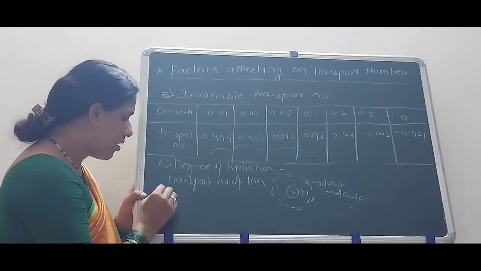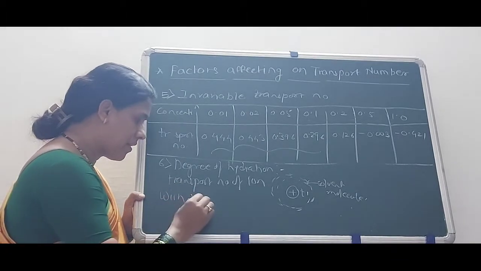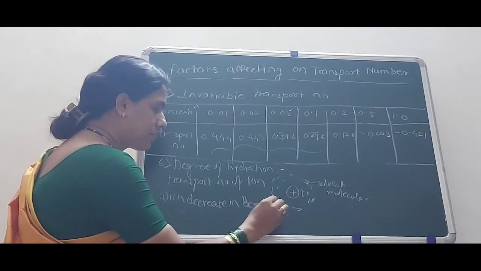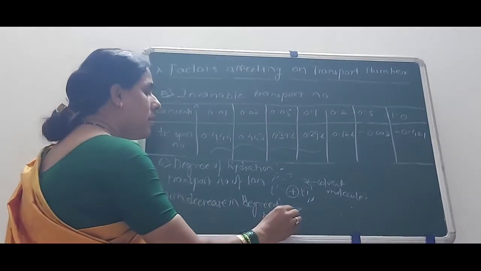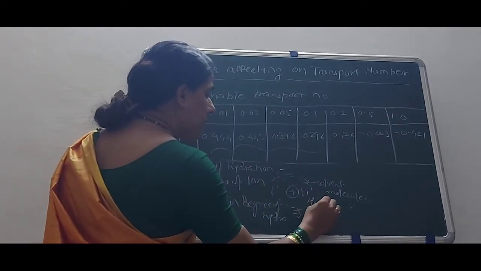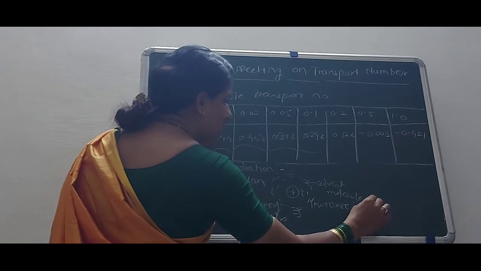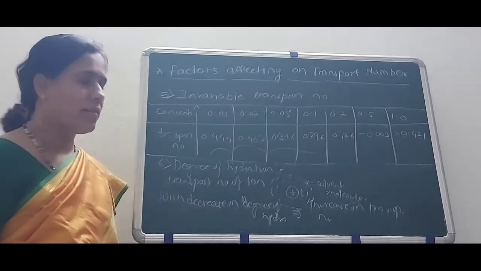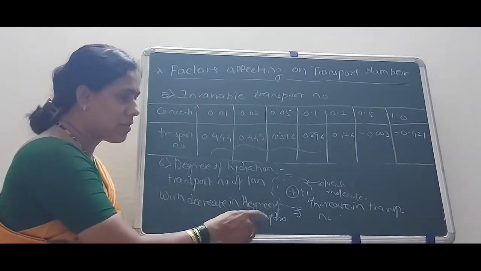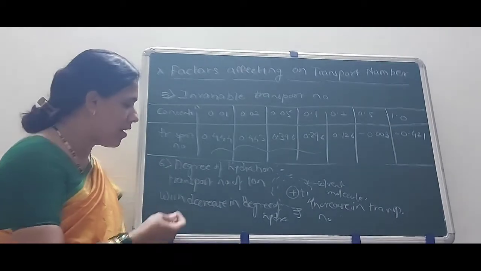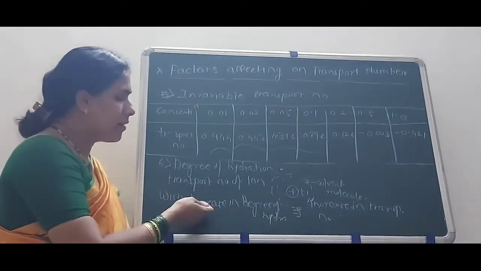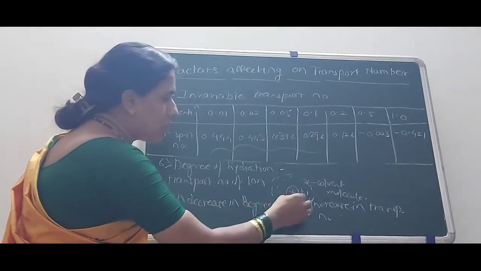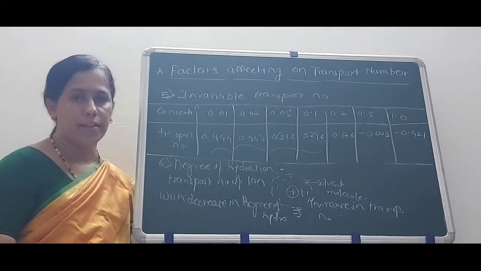That is, if there is a decrease in degree of hydration, there is an increase in transport number, and vice versa. In other words, when there is an increase in degree of hydration, there is a decrease in transport number, due to the surrounding of solvent molecules around the cations and anions.